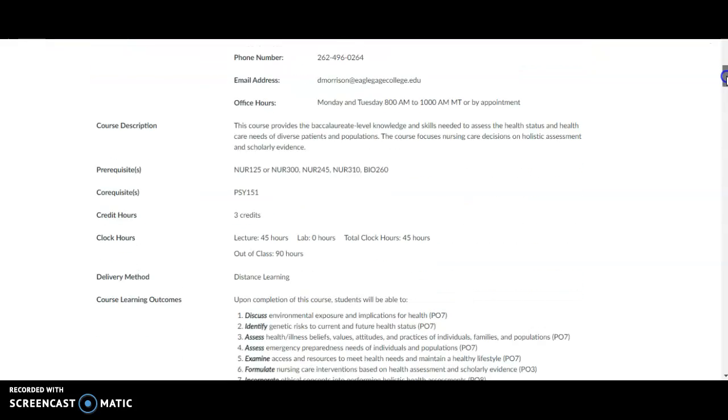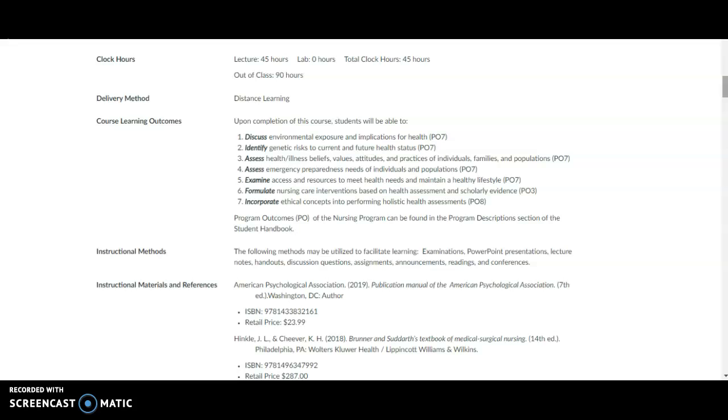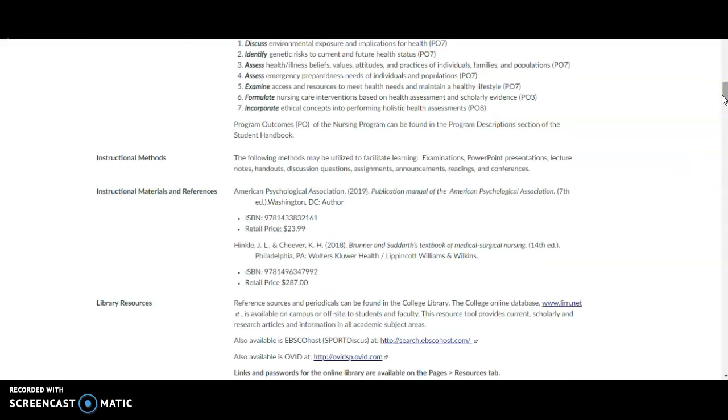Scrolling down, you will see your prerequisites and your course learning outcomes, which will be integrated throughout the discussions and all your assignments. You are to be using the APA 7th edition, so please make sure that you are aware of the differences.